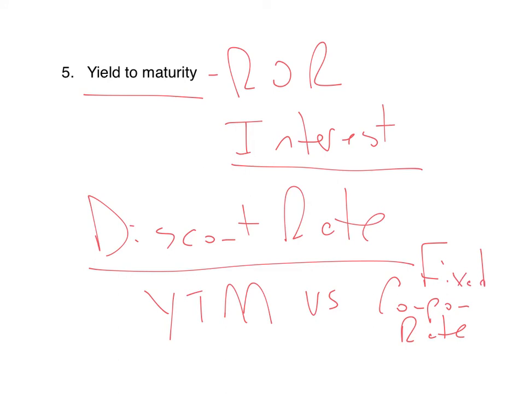That 15% annual payment remains the same throughout the life of the bond. Yield to maturity, on the other hand, is constantly changing. It is a market-driven interest rate. And so it may change continually throughout a day. Yield to maturity is a variable rate, whereas the coupon rate is fixed.